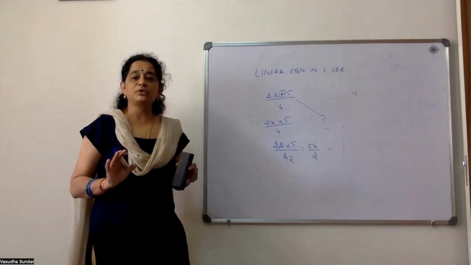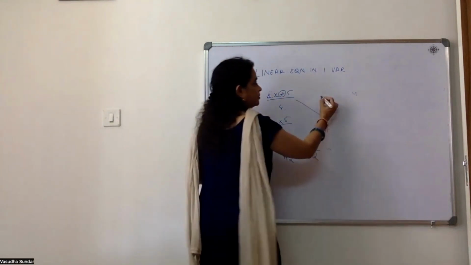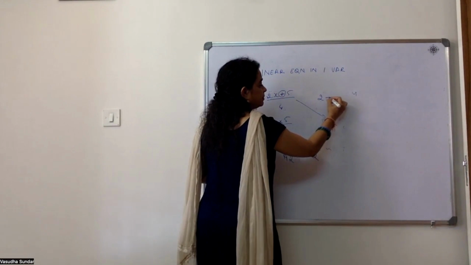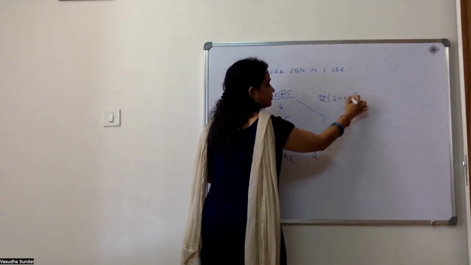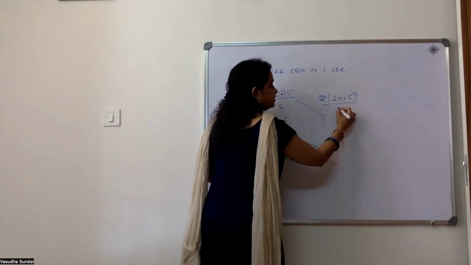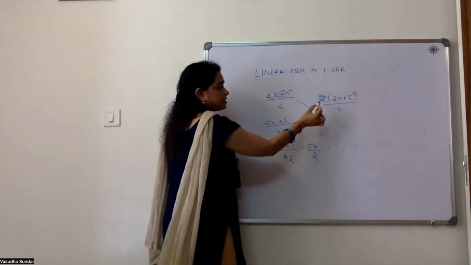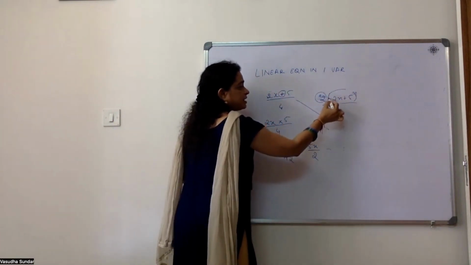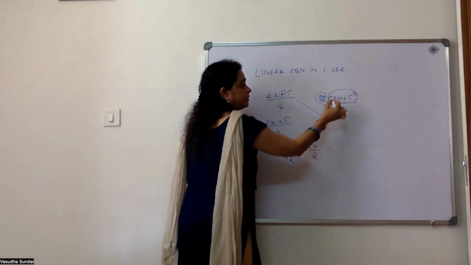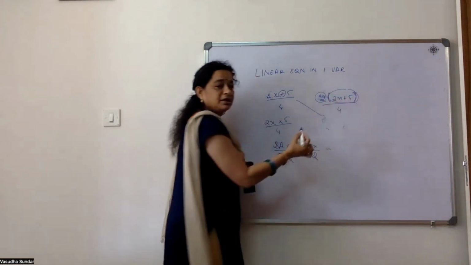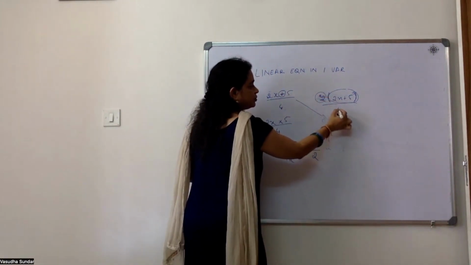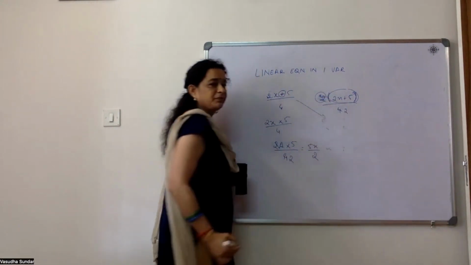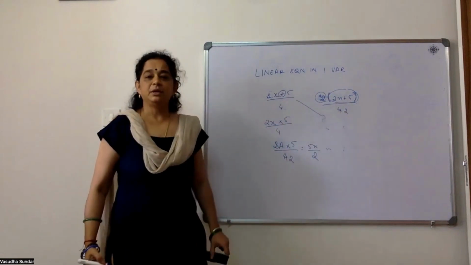The same thing holds good with expressions also. Suppose it is 2 into 2x plus 5 by, say, 4. Now this is one expression. This is another expression. You're multiplying both the expressions. This bracket indicates multiplication. So in that case, you can cancel this 2 and this 4 and get 2x plus 5 by 2.